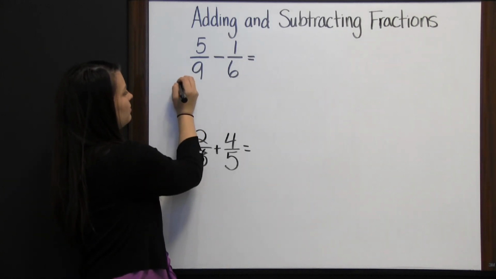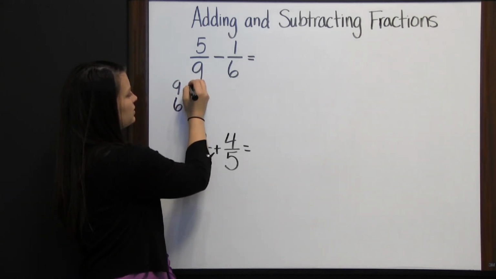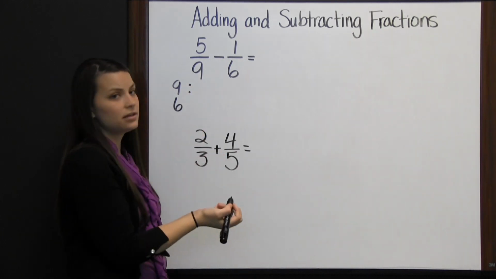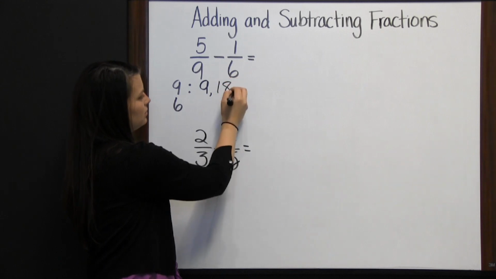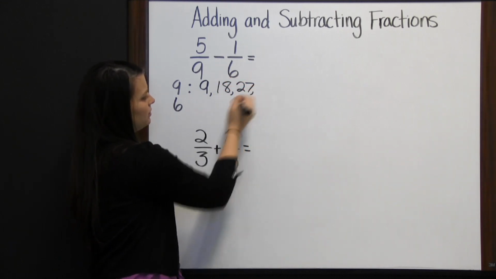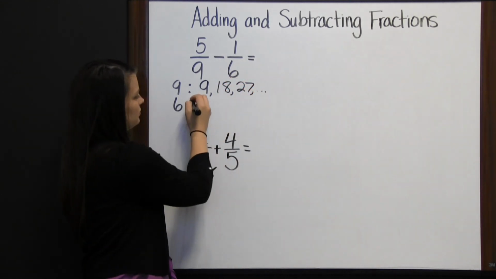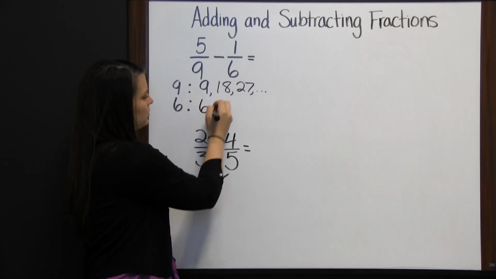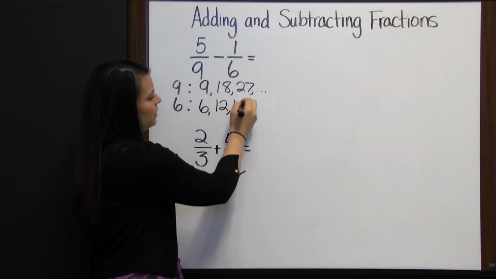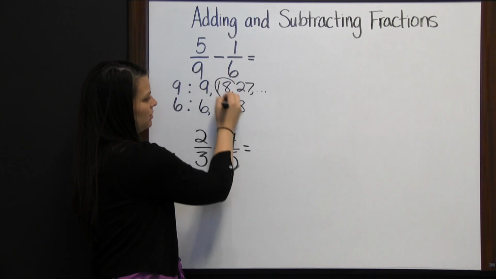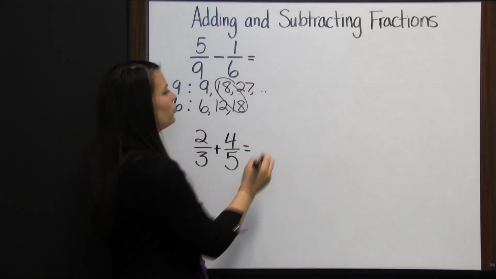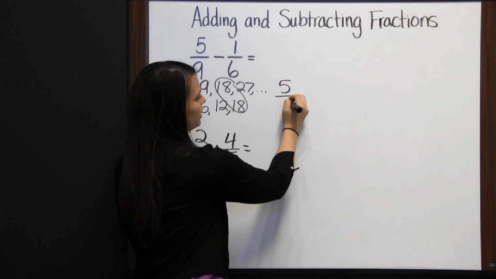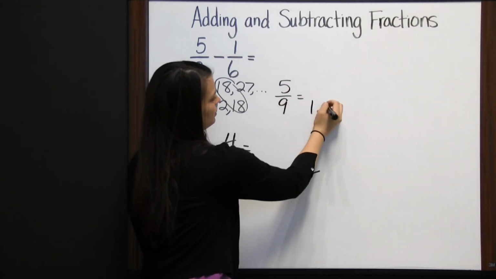The least common multiple of 9 and 6 can be found by listing the multiples: 9, 18, 27, etc. 6, 12, 18. Our least common multiple is 18.